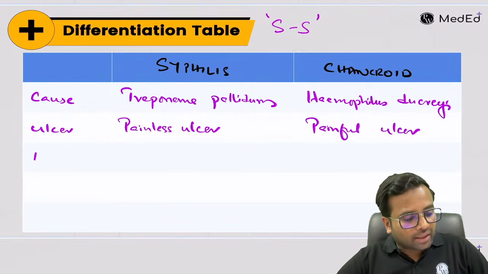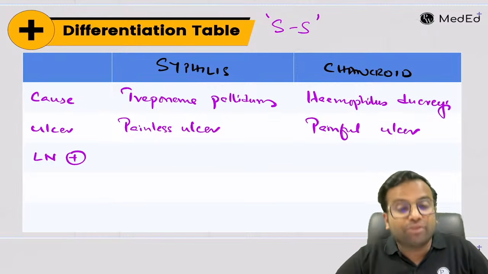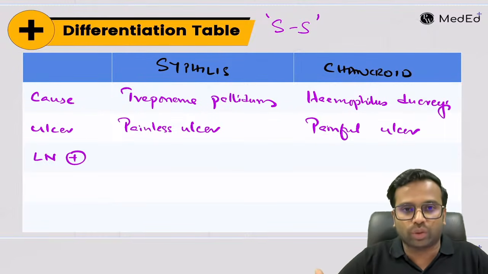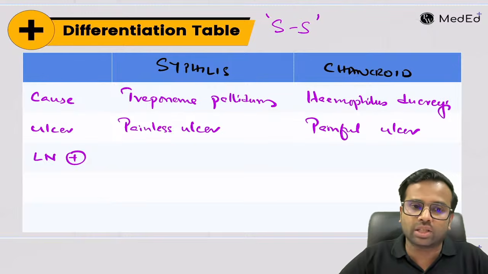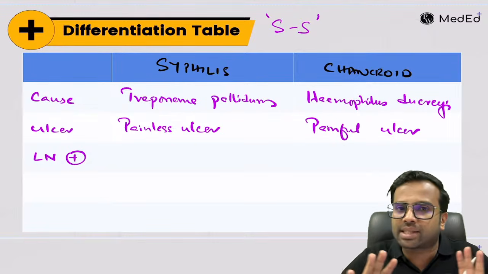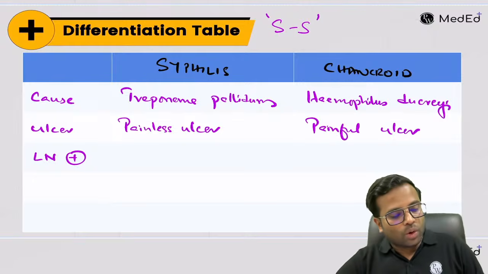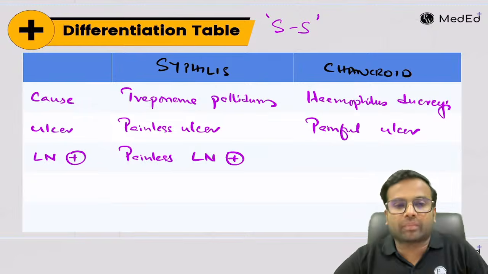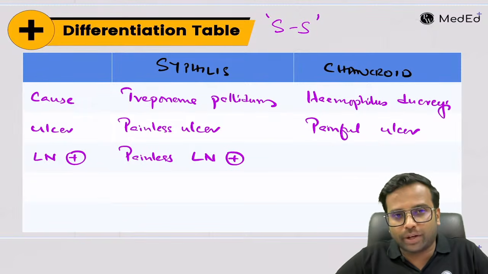And then let us write down about the lymphadenopathy, which means the involvement of the lymph nodes in the inguinal region. Regarding the lymph nodes, S for S, syphilis is silent, right? So in syphilis, there will be a painless lymphadenopathy.